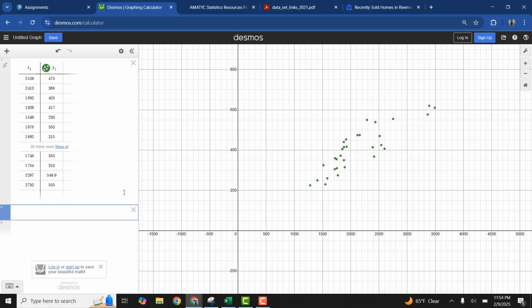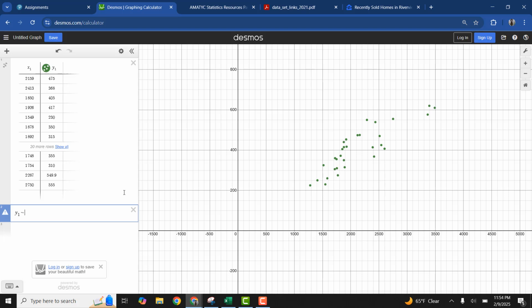So we want to fit some kind of relationship between these. If I want to do a linear relationship, we know the equation of a straight line is y equals mx plus b. But instead of y equals mx plus b, my y variable is called y1, so I would type in y1 in the next box. Instead of equal, since I wanted to fit a model, I'm going to use the tilde, that's just a squiggle in the upper left corner of your keyboard.